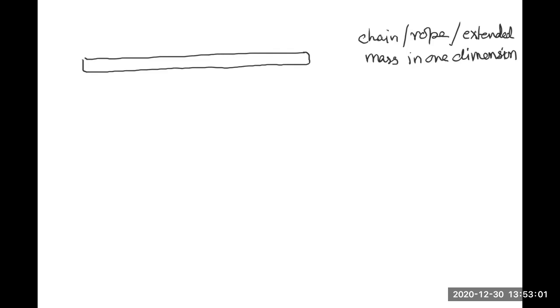But no. If the word chain is used, then we will say that the individual links are extremely teeny tiny. There are a huge number of links. Similarly, in a rope, the mass is spread out over the length of the rope.